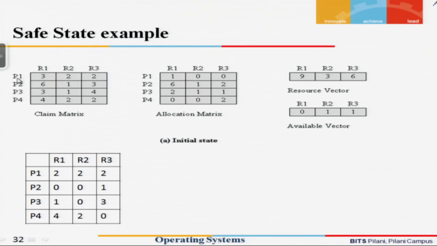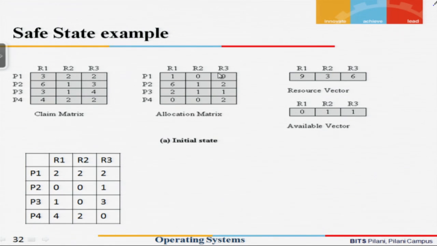It says that P1 would require a maximum of 3 instances of resource type R1, 2 instances of resource type R2, and 2 instances of resource type R3. In the same way, P2 requires 6 instances of R1, 1 instance of R2, and 3 instances of R3. This is how the claim matrix is interpreted.